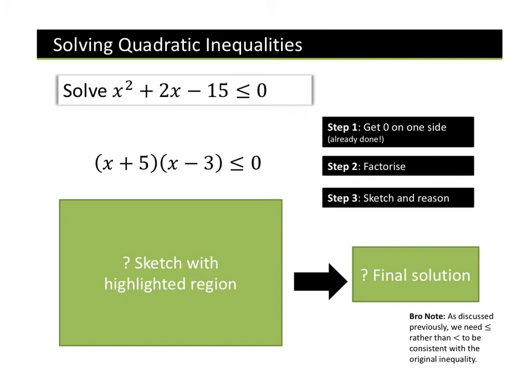Again, we have the same equation. So if we sketch the region, we know it's going to pass at minus 5. So this is 3, and this is minus 5. And we want where the equation is less than 0.